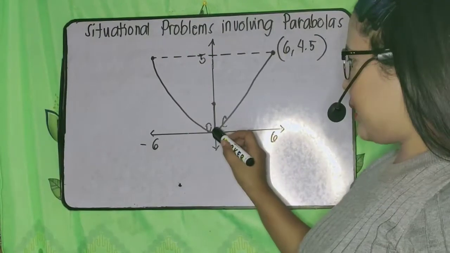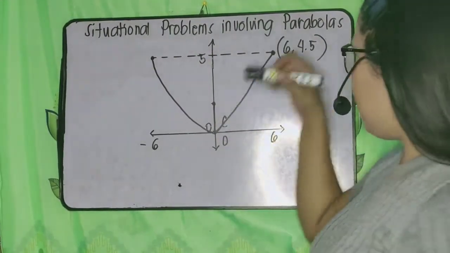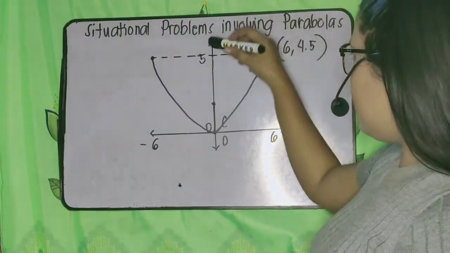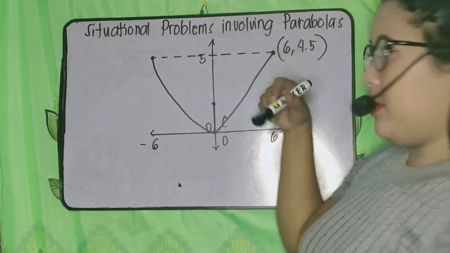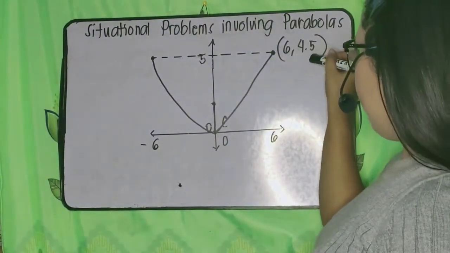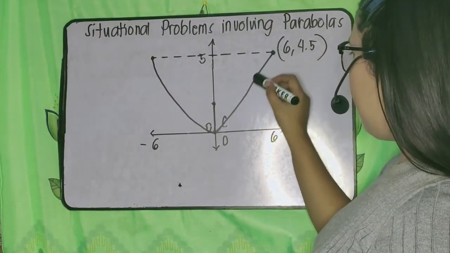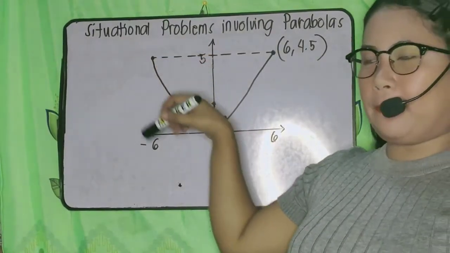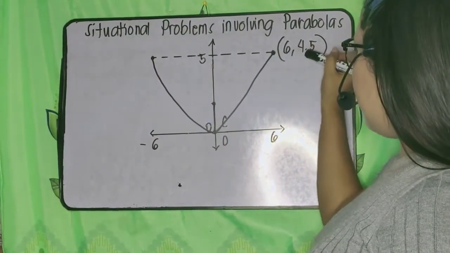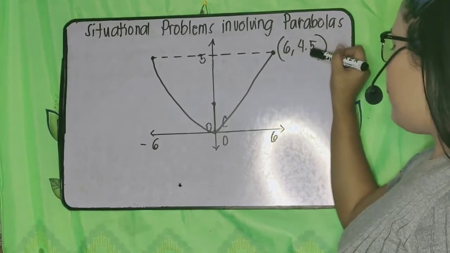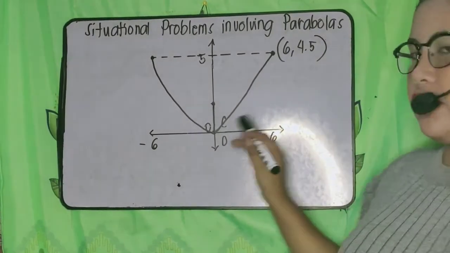Ito po yung vertex natin, 0, 0. Ito po yung 4.5 natin. So, from 6, ito yung parabola natin. So, it is open upward. So, we have 6, then negative 6, 4.5. So, here is our representation for the given graph.